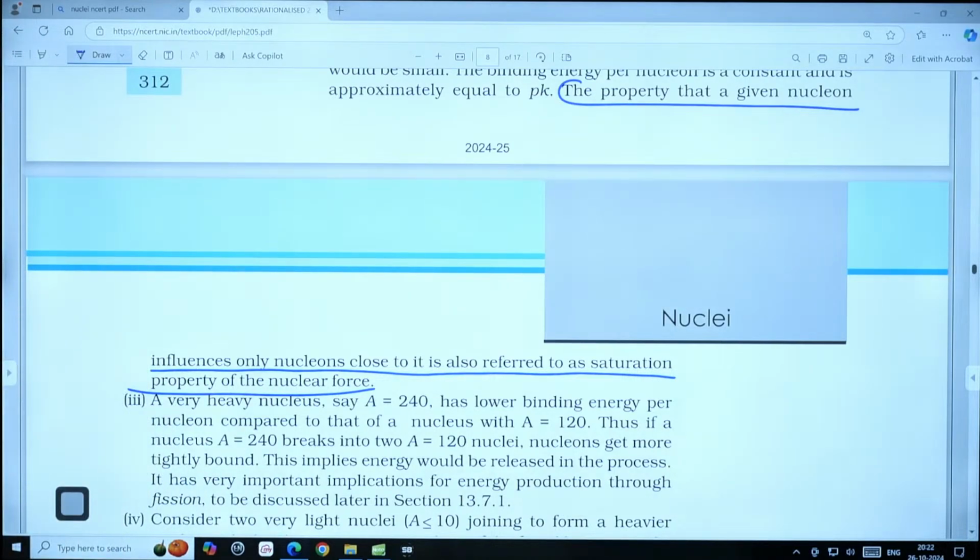What is meant by saturation property of nuclear forces?